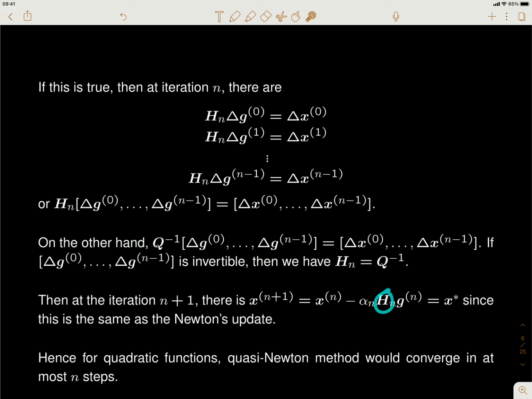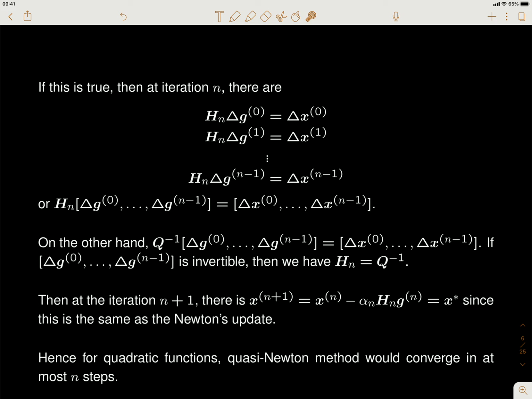And if this is the Q inverse, that means we're actually doing Newton's step, or Newton's update. And we know that for Newton's method, when it is applied to a quadratic function, we will get to the true solution x star within just one step. And that means the xn plus 1 must be the minimizer of the quadratic function.